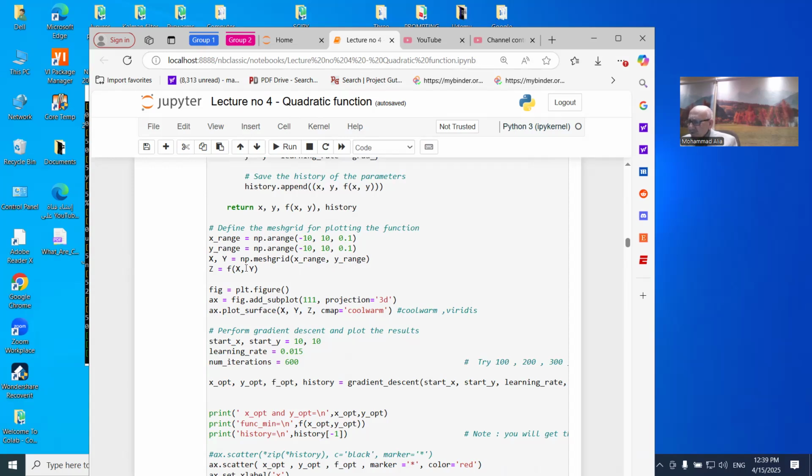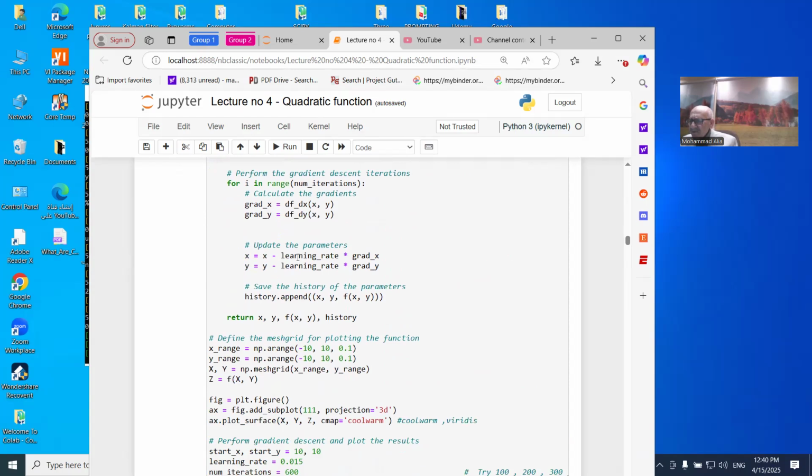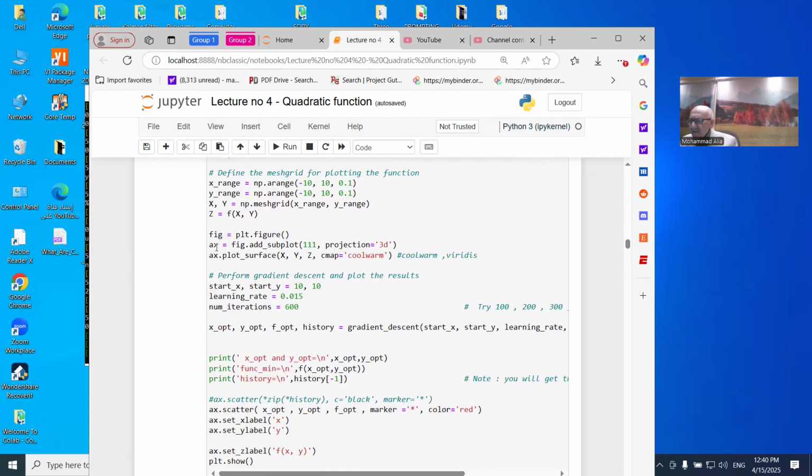So we call from numpy meshgrid and pass these limits to it, x range and y range. And now we will have two-dimensional coordinates x and y of the mesh grid. The new value of z will be a function of this capital Y and this capital X, because here it is a function given the name f.